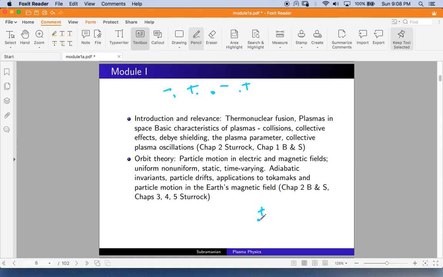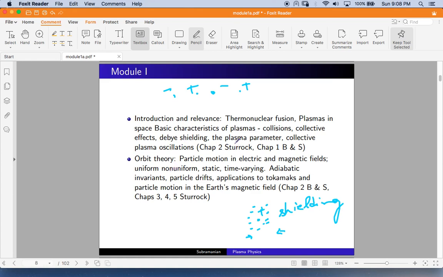So the moment you place a charged proton here, the very light mobile electrons will immediately rush in and form a little electron cloud around it, effectively shielding the positive charge. So it turns out that beyond some kind of a distance, you will not feel the influence of the positive charge anymore. And this is what's called Debye shielding.